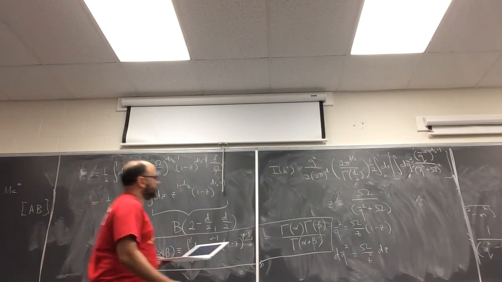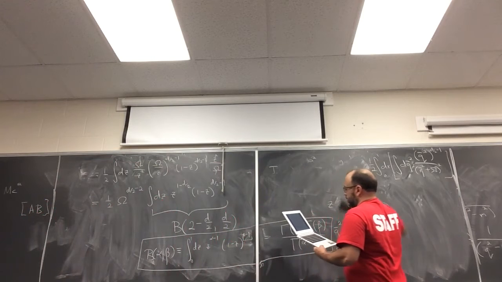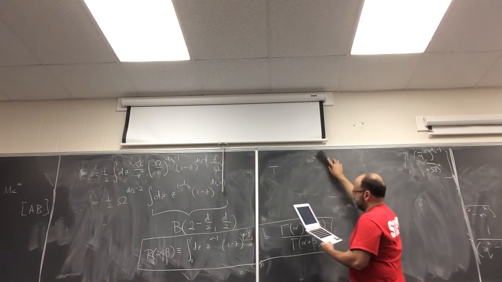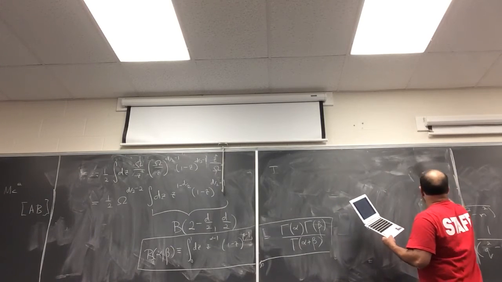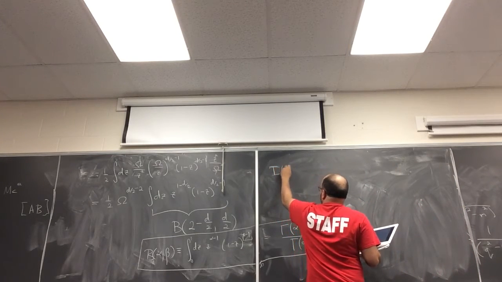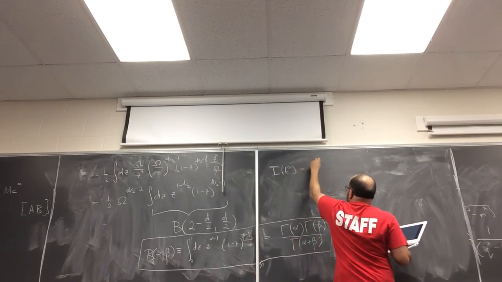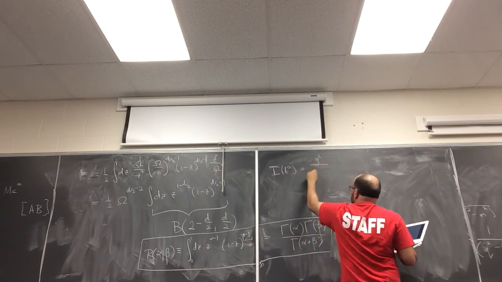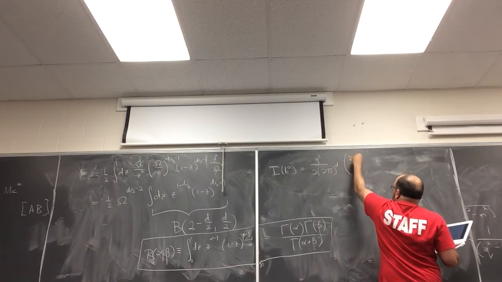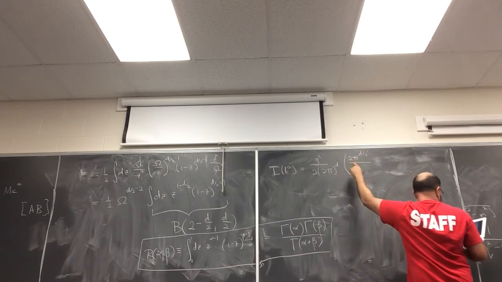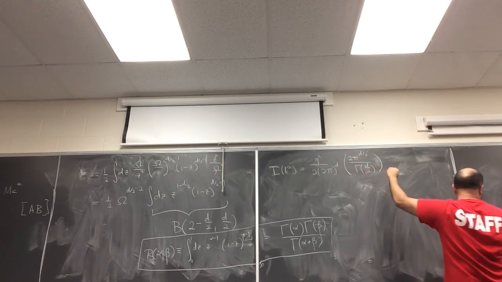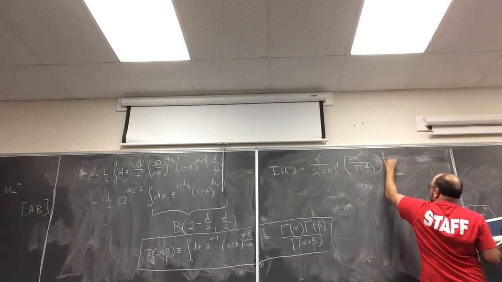All right, so let me go over here and write out what we have. So I've got I, the integral, g squared over 2 pi to the d over 2, the integral over x from 0 to 1.